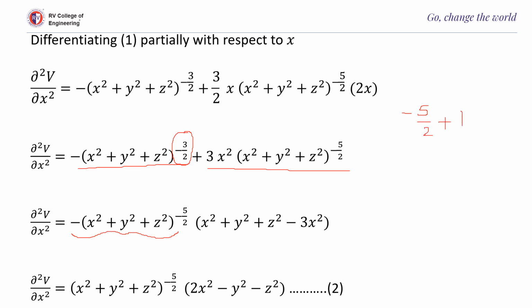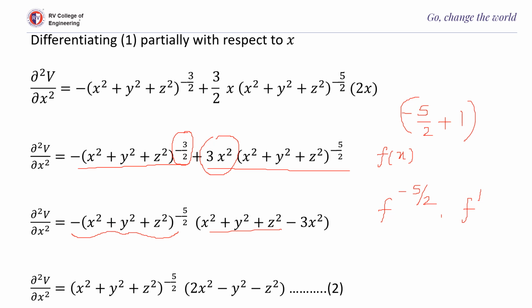So if I have any function f raised to the power this power, I can clearly write it as f raised to the power minus 5 by 2 into the function f raised to the power of 1. So that is how I have taken raised to the power 5 by 2 common outside. The remaining in the first term is x squared plus y squared plus z squared, and the term remaining in the second is minus 3x squared.